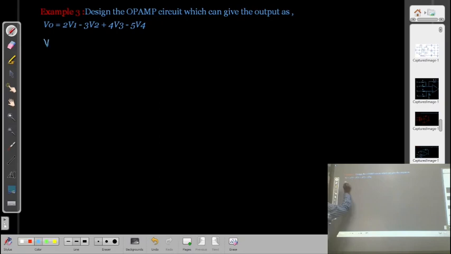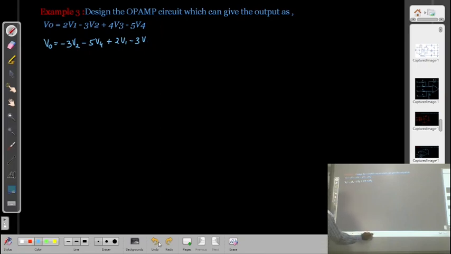This VO expression I can write as minus 3V2 minus 5V4 plus 2V1 plus 4V3. Correct?